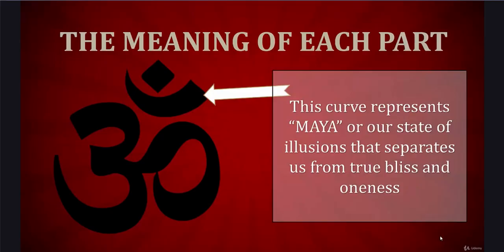There's this idea that we live in these 3 states of consciousness represented below that curve. Those are our normal states of consciousness, and we're trying to rise above or to transcend. And the curve represents the thing that blocks us from actually transcending to absolute consciousness or bliss, and that would be Maya, the external world or the illusion that we live in.